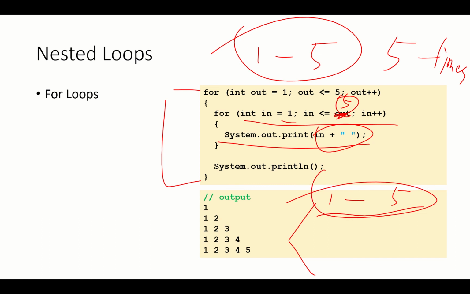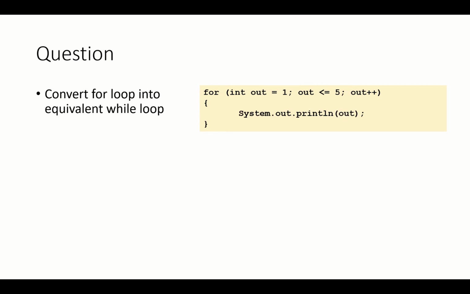Okay, so you print out 1 to 5, 5 times. Right? So basically the outer for gives you how many times you want to execute this loop body. Okay? Make sense?